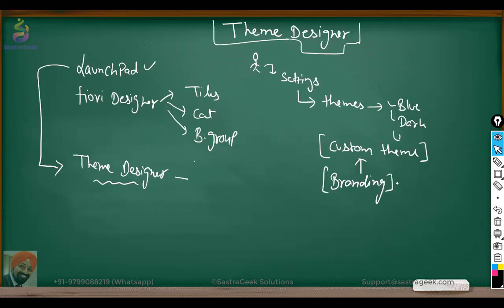You must have seen that most companies have their brands, their logos, and different colors in the logos. If you go to their website, you find the same kind of color theme.